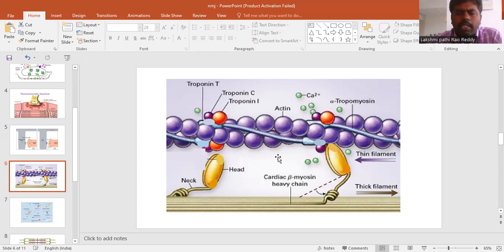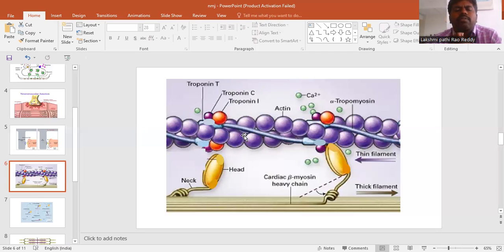Those active sites are covered when troponin I binds with tropomyosin until the calcium ions bind with troponin C. See here, this first half of the diagram explains the relaxation phase, in which the head of the myosin does not bind with the active sites because the calcium is not bound with the troponin C.